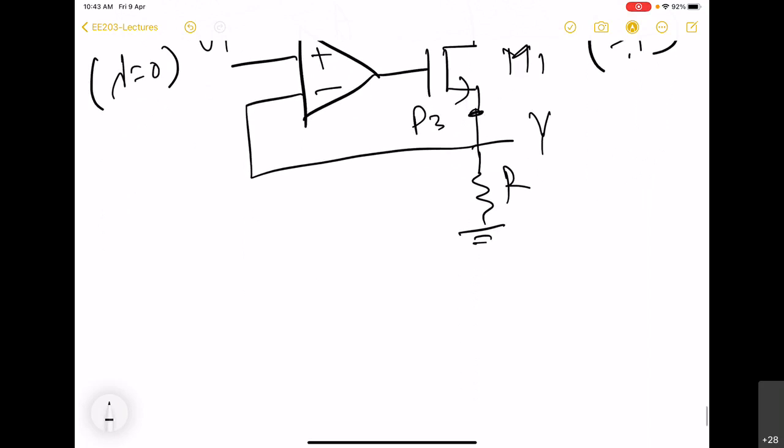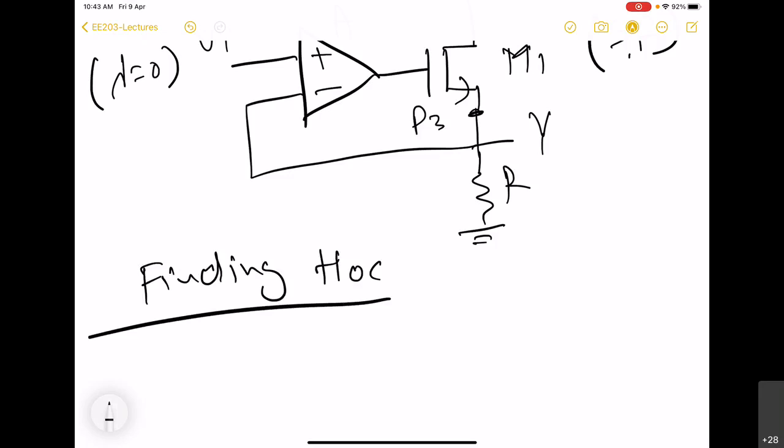So now let us trace the steps using this second technique and try to find out the loop gain. So first we have to find out the open circuit transfer function.